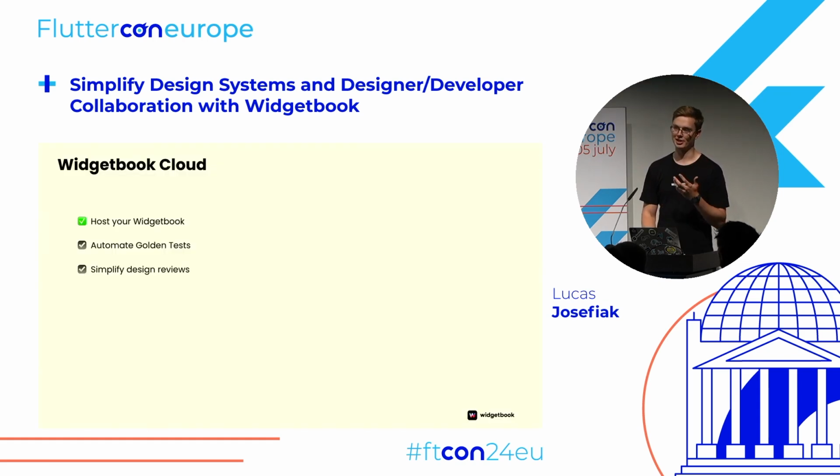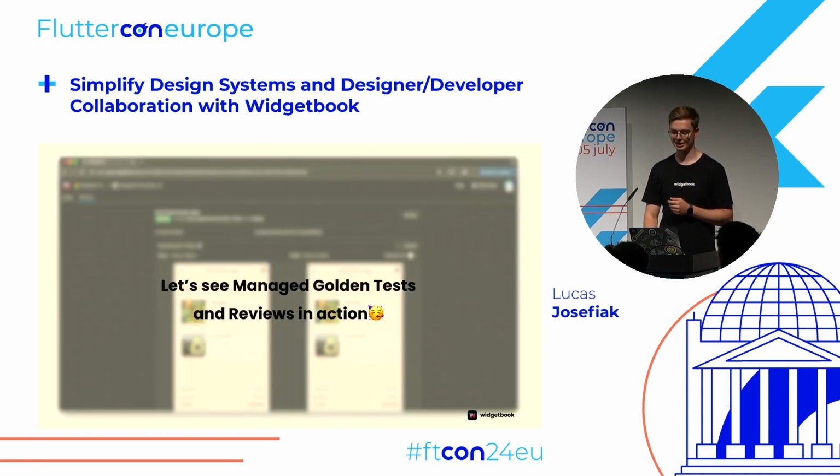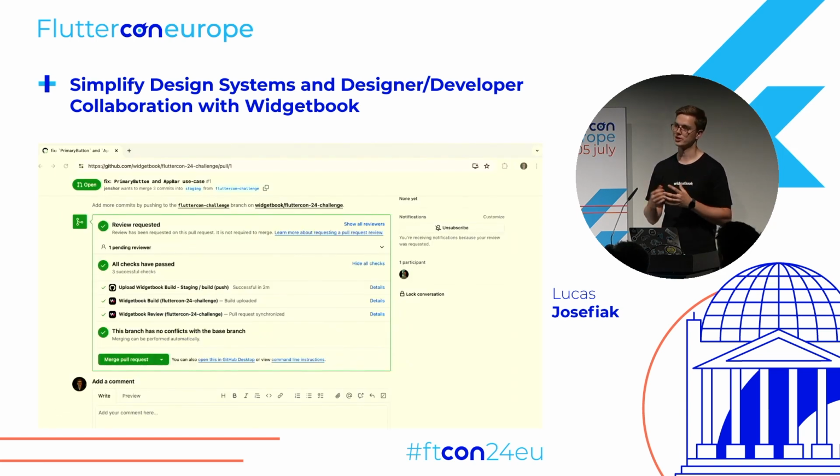And let's say the core feature that's mainly used on Widgetbook Cloud is our reviews feature. And with that, you can automate golden tests and simplify design reviews. And how that works is, whenever you are creating a pull request, we are automatically analyzing for you what changed visually in your UI. So what we're doing is we are taking snapshots of each and every Widgetbook use case cataloged in your Widgetbook for, first of all, your base branch.